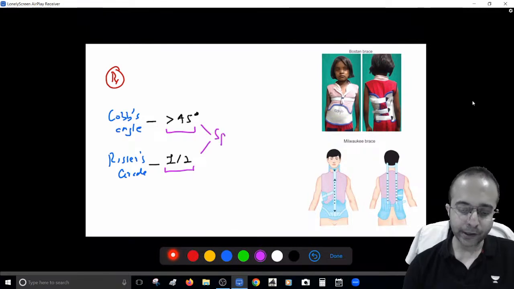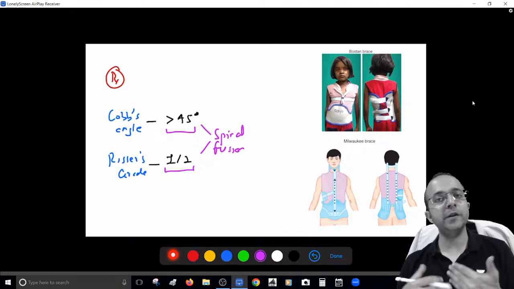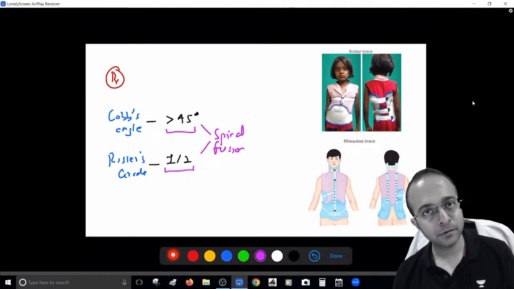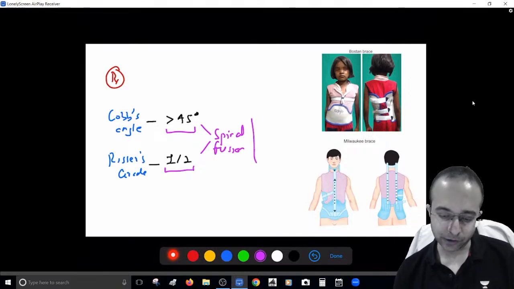This is where I opt for surgery, which is spinal fusion. I fuse the spine so that the deformity does not progress. If this scenario is not there, I opt for braces.